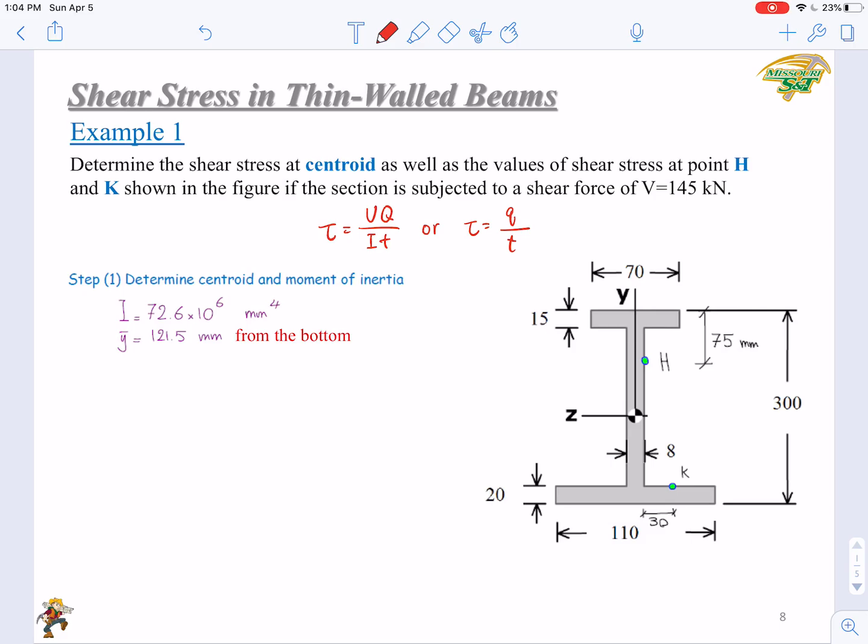But first of all, you need to determine this I value. Then based on the Y bar, you calculate the D values so that you can calculate Q.